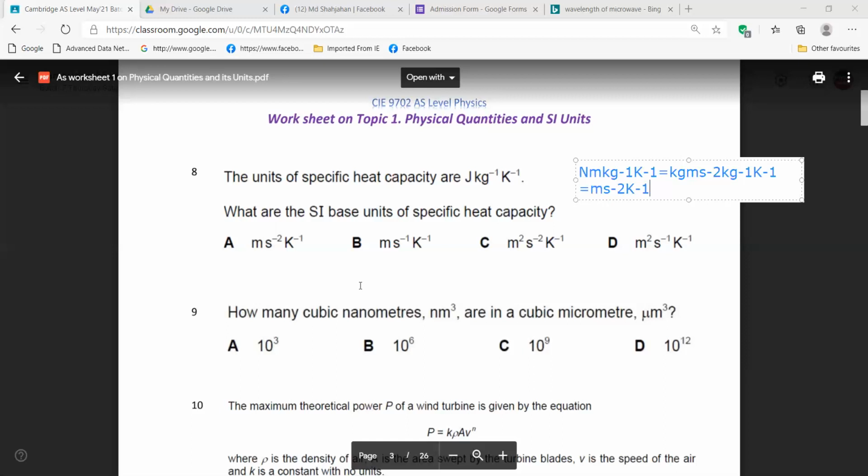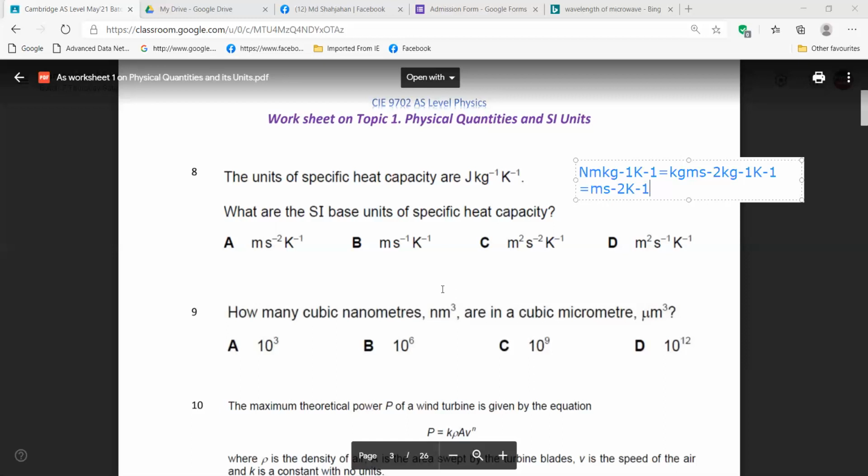The same way you will use this technique here: nanometer cube is smaller than micrometer cube. Nano means 10 to the minus 9, and micro means 10 to the power minus 6. So you have to divide micrometer cube by nanometer cube.